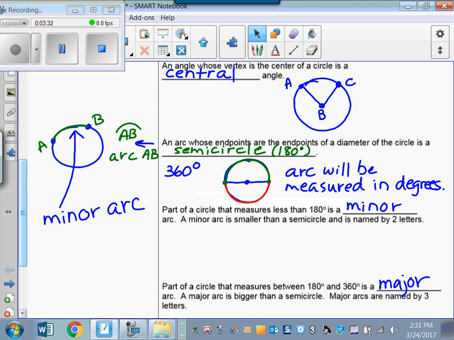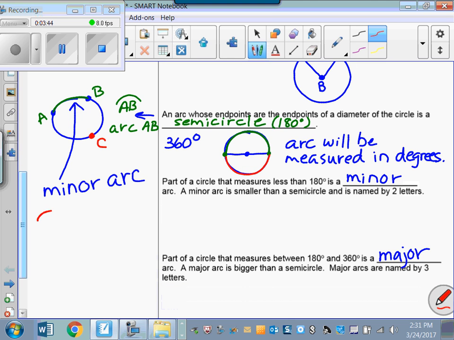So let me put another letter on this circle. Suppose I put a C down here, and then I want to talk about arc ABC. ABC there. That would be a major arc.